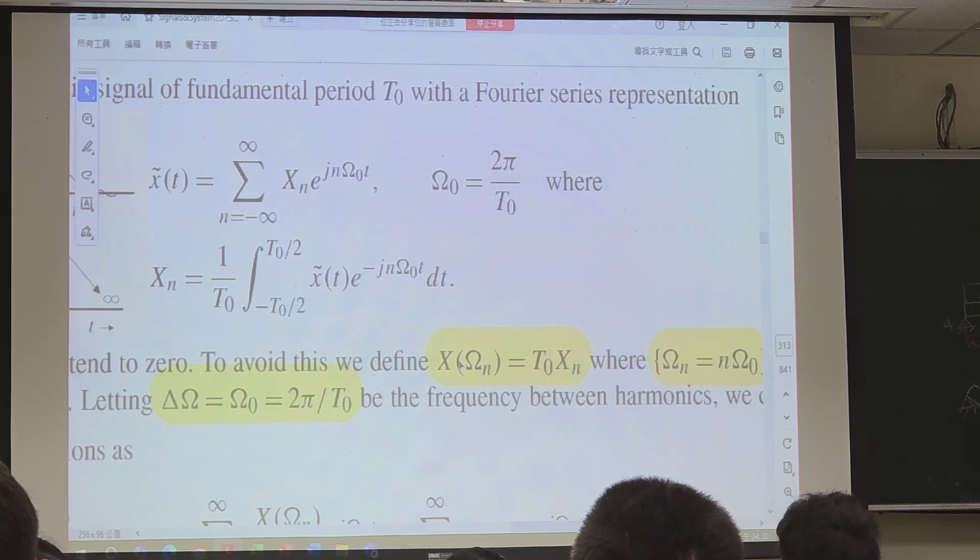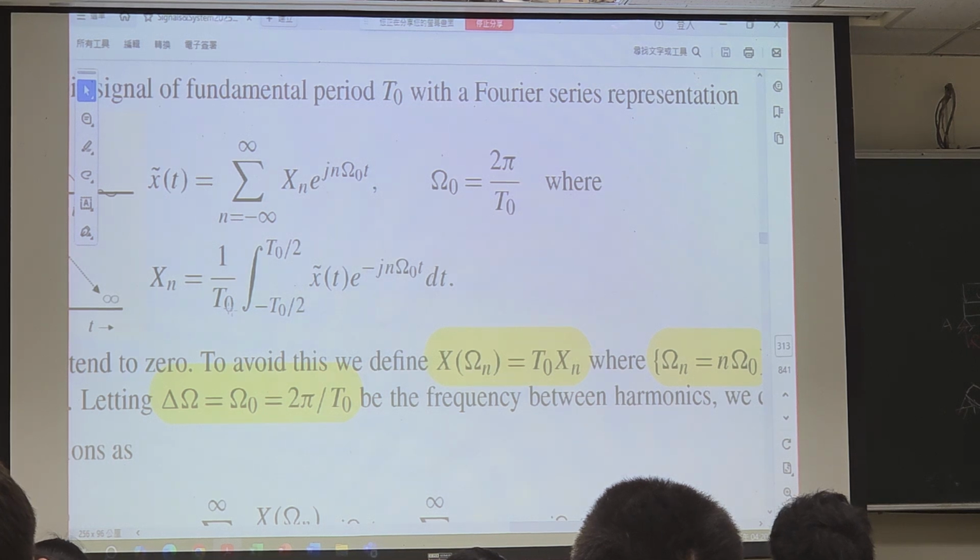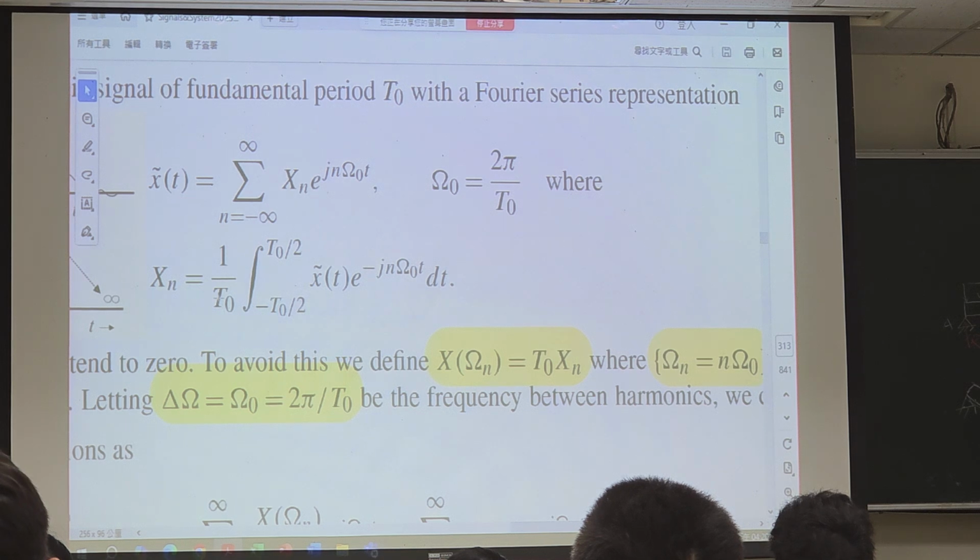Now, since we extend t sub 0 to infinity, if we don't make some multiplication, we have a problem here. So we define a function, we call it x of omega n, equals t sub 0, the period, times x n. That is the definition we made for the coefficient.